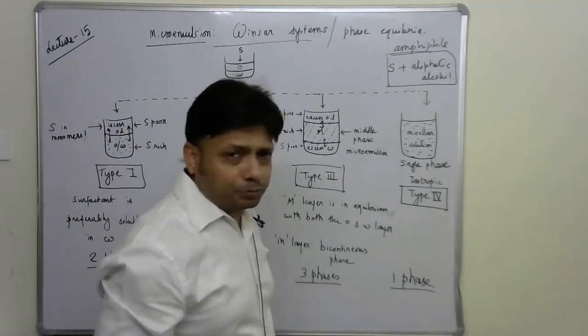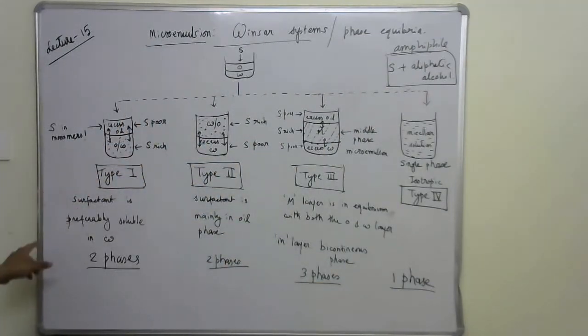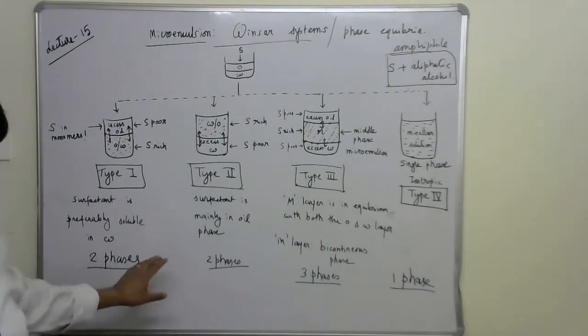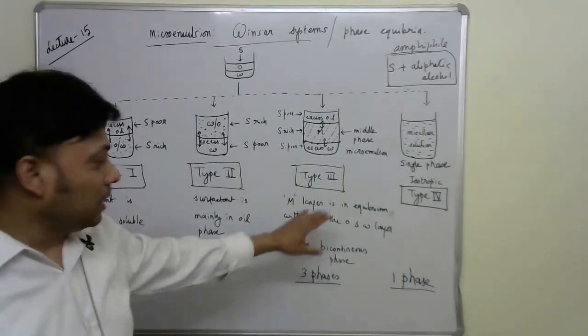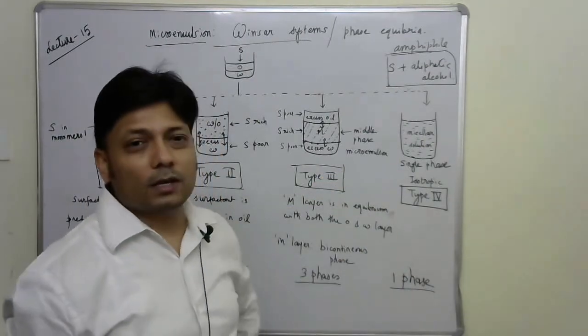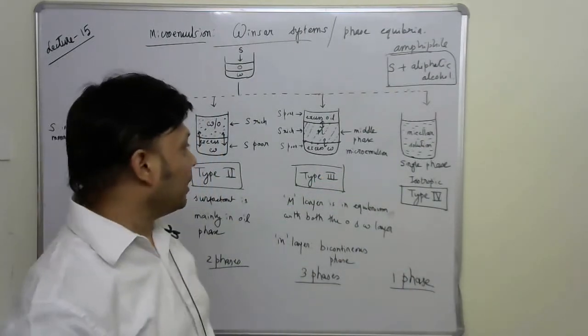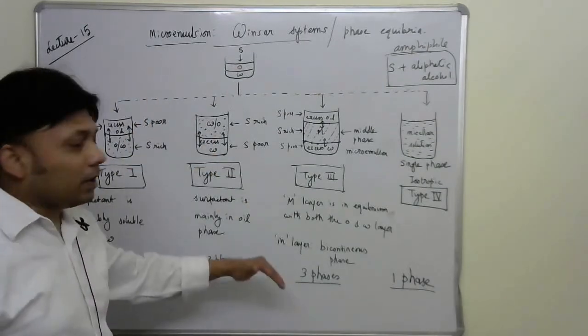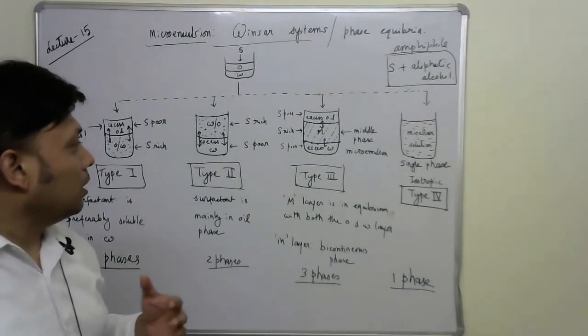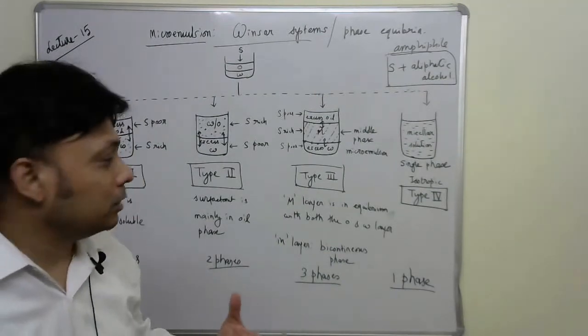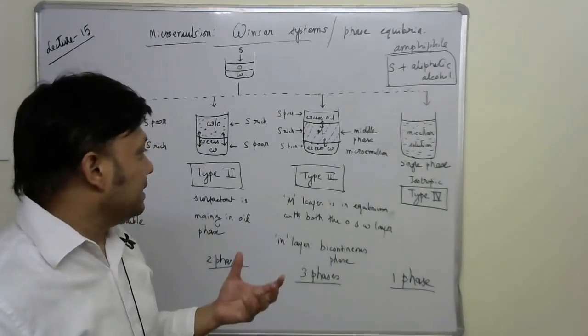Okay, so this could be treated as a screenshot for this entire Windsor system: type 1, 2 phases; type 2, 2 phases; type 3, 3 phases; and type 4 comes down to one single phase.